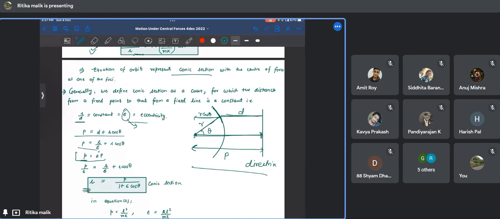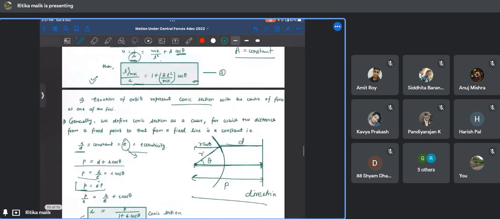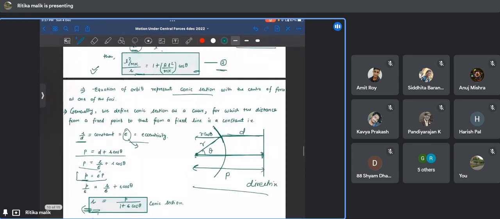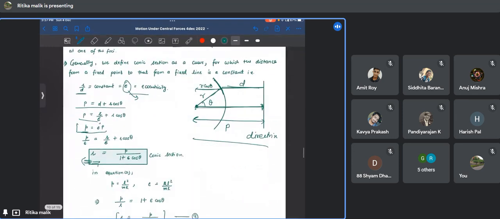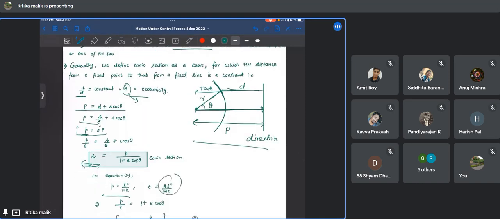So your equation will become r equals P upon 1 plus epsilon cos theta. If you look at this equation and the earlier equation, the earlier equation can also be written like this. All you have to do is replace the L square by m k term by P, and the A L square by m k term as eccentricity e.